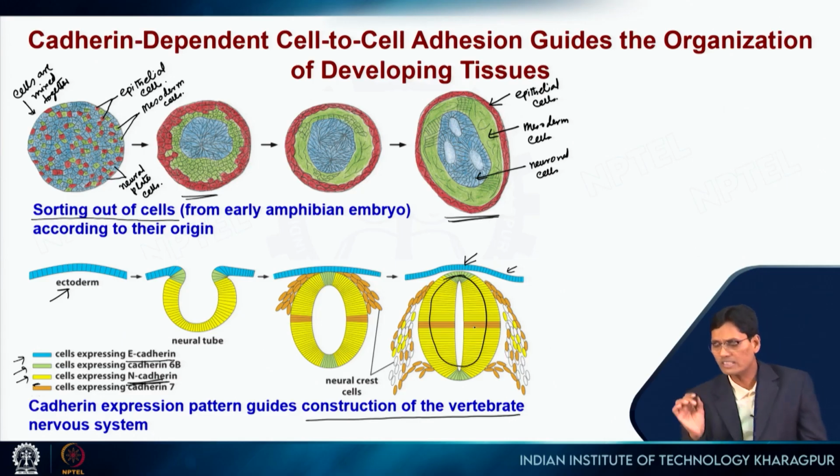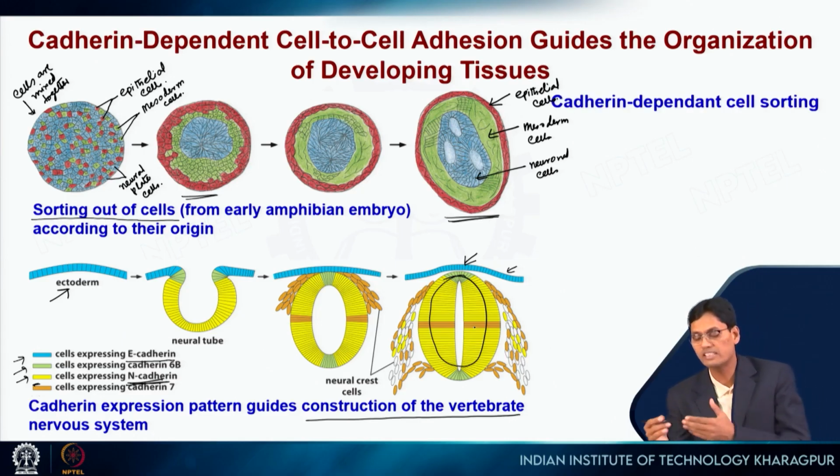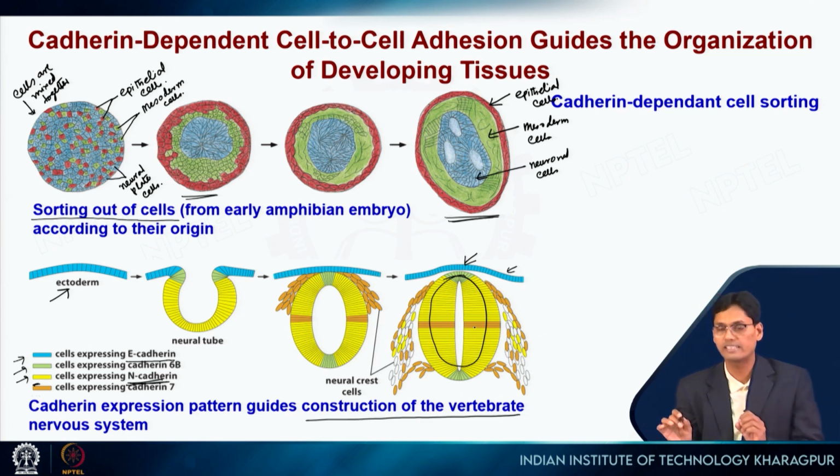And the basic idea of where this is coming from is a very simple experiment someone can perform, that is cadherin dependent cell sorting.